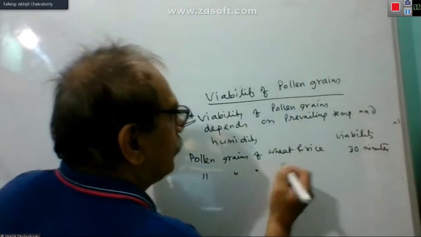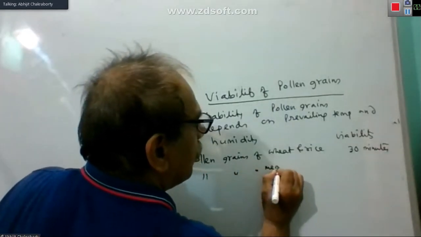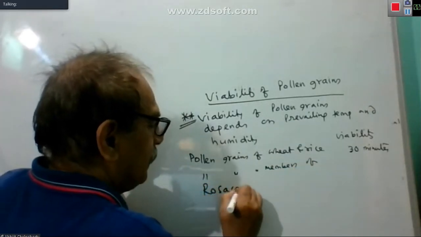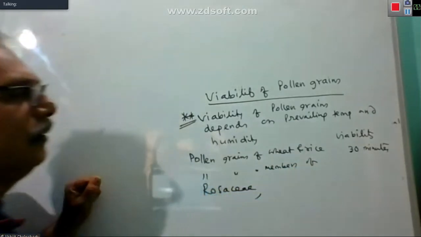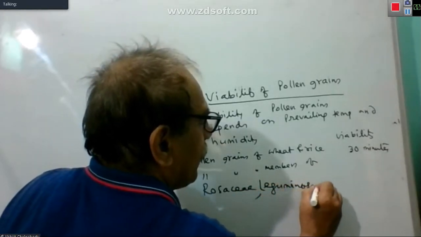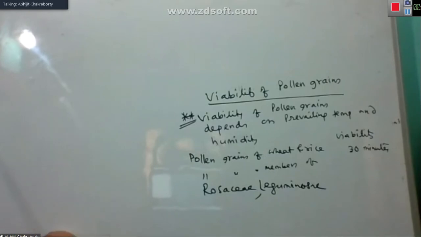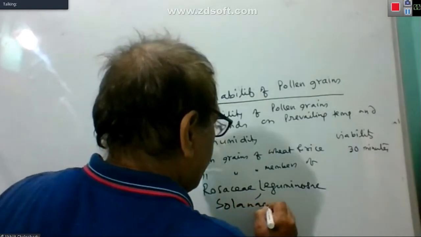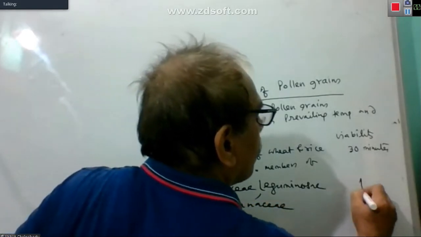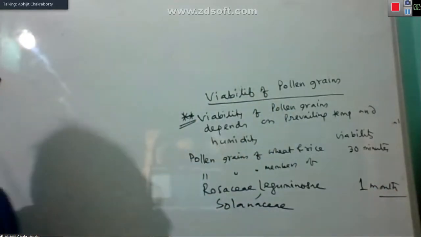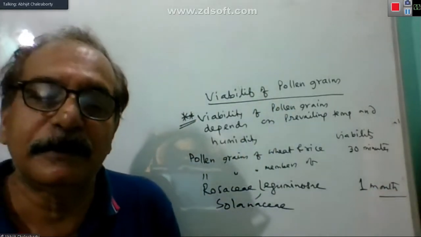Pollen grains of members of Rosaceae, Leguminosae, for it is about 1 month. So viability of pollen grains varies from plant to plant.